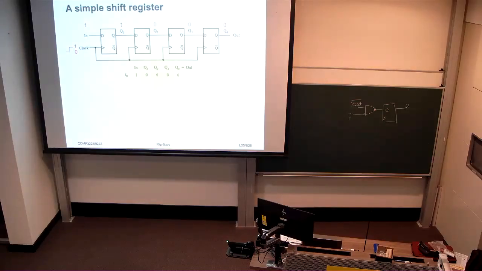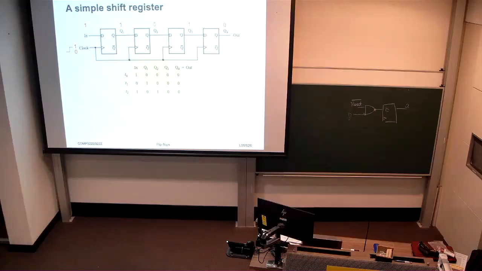So here we see a rising clock edge with a 1 on the input gets transferred to the Q1 output of that first flip-flop. On the next rising edge, I've tried to illustrate the rising edges here on this clock, that value that was here, the Q1 being 1, gets transferred to Q2, but Q1 becomes 0 because at that point in time, the input to the flip-flop is 0.